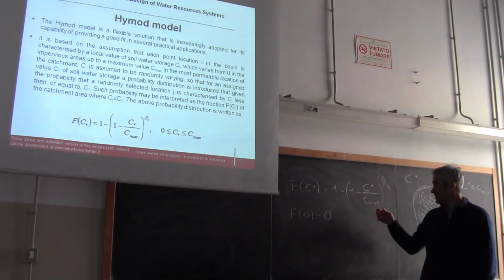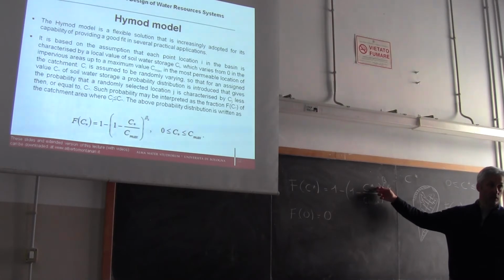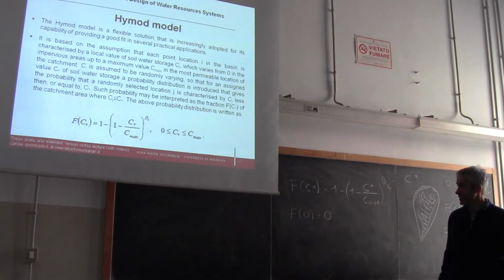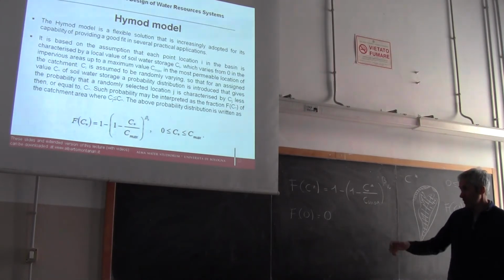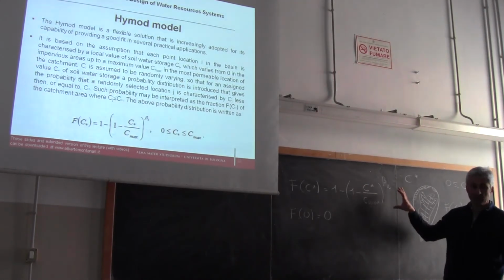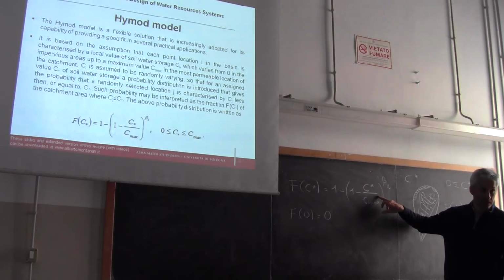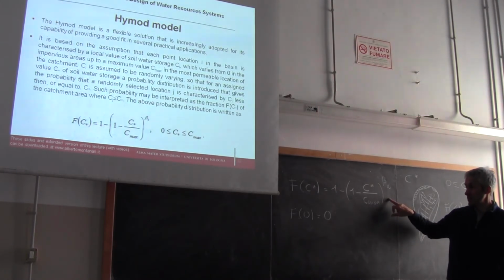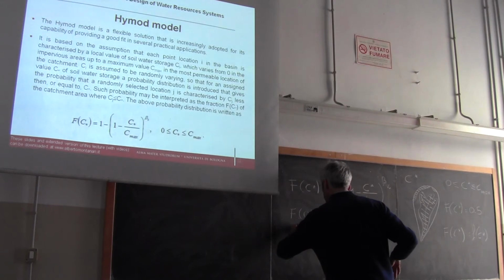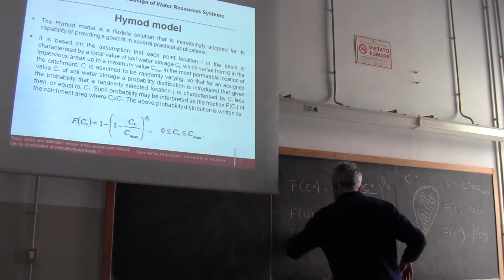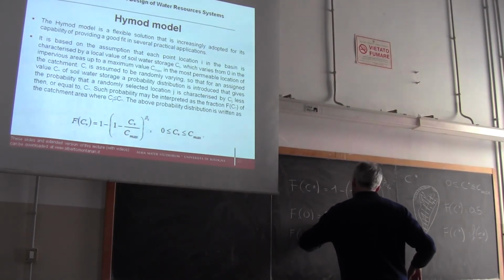Now let's suppose that C star is equal to C max. If it's equal to C max, the quantity between parentheses goes to 0. 0 to the power of beta k is 0. And therefore F C max is equal to 1.